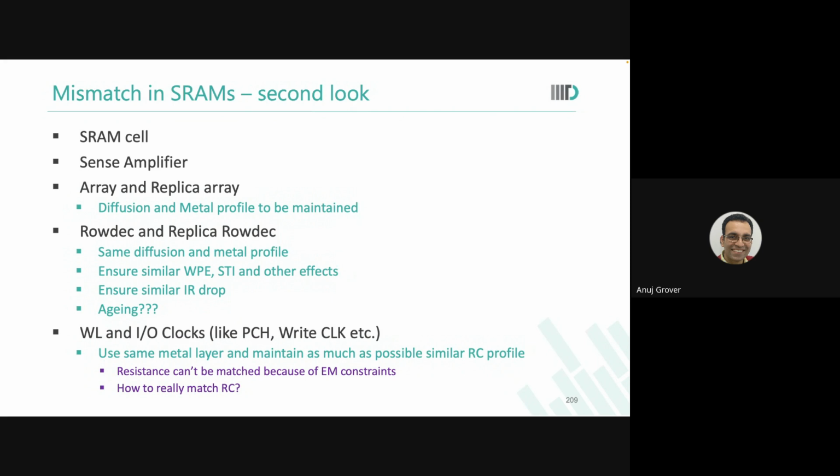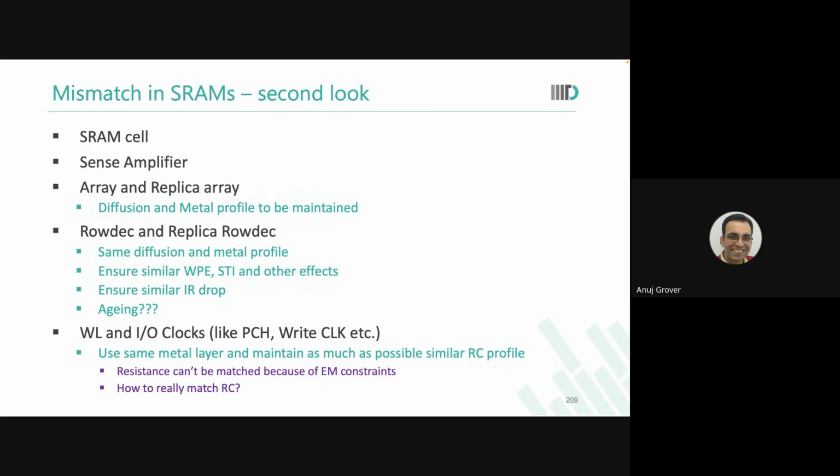So there are bound to be some changes, but you still have to ensure and try and get as much matching as is possible. Definitely, the replica word line and the word line have to run in the same metal layer. All the systematic variations, whether it is proximity effects or STI or anything, you have to somehow replicate all of them for the replica decoder also. Is that okay?